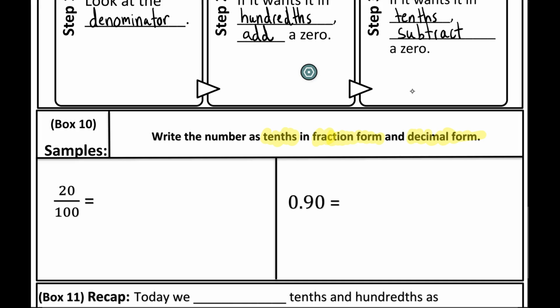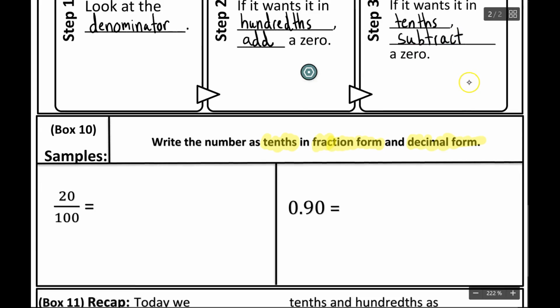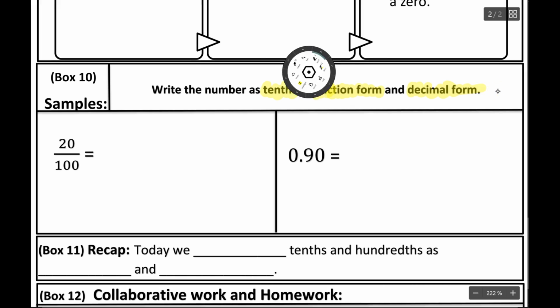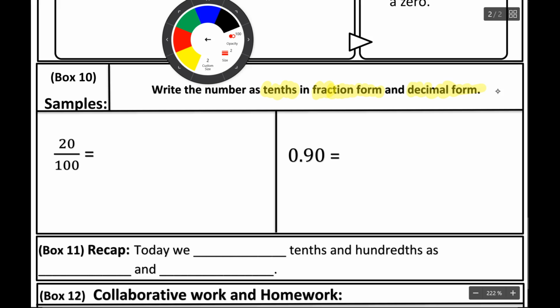Alrighty, so we have 21 hundredths for our first sample problem. And because we're working in hundredths, right, step 3 says if it wants it in tenths, then we subtract a 0. And that's it, okay? So let me show you how it would look. Once I subtracted the 0, subtract 1 from the numerator, subtract the 0 from the denominator. So this is going to equal 20.